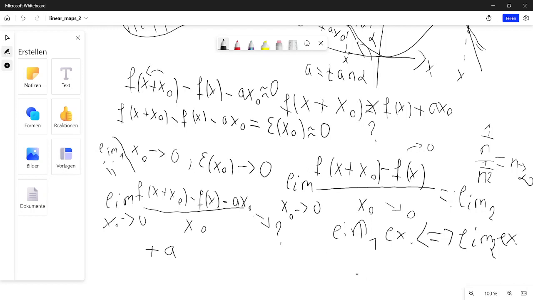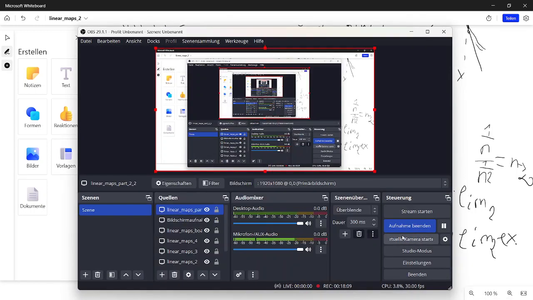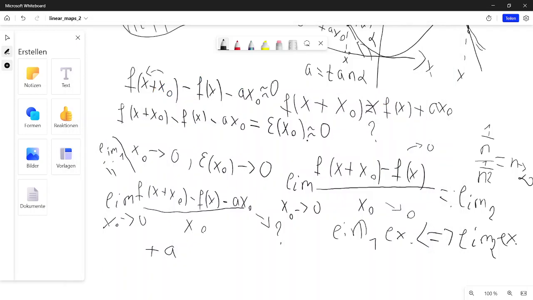All right. And what is this stronger? Well, it turns out that for a function to be differentiable, we have to have such a linearization with such a property.